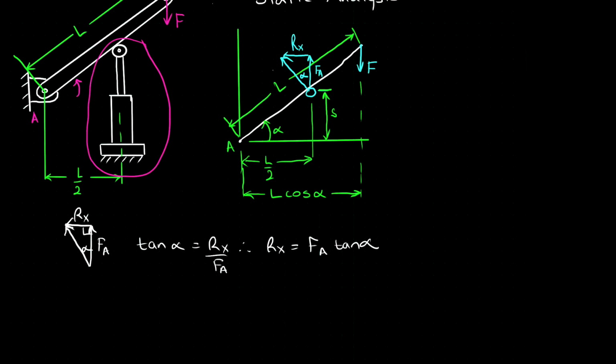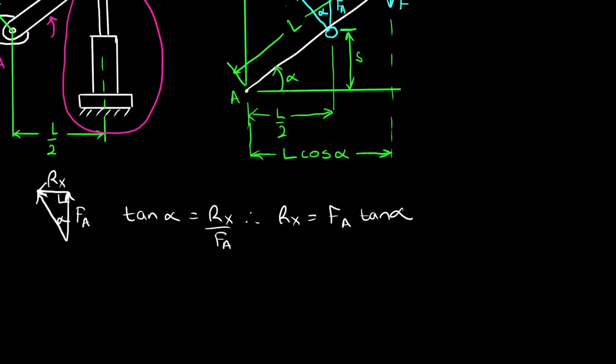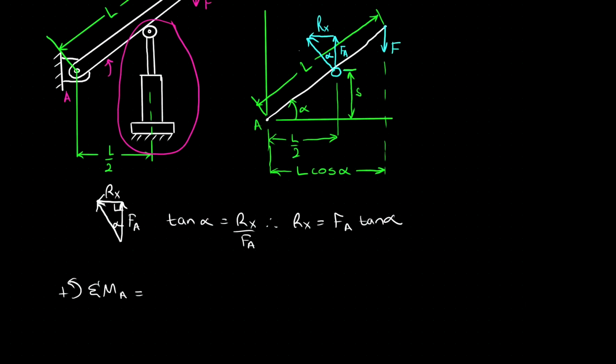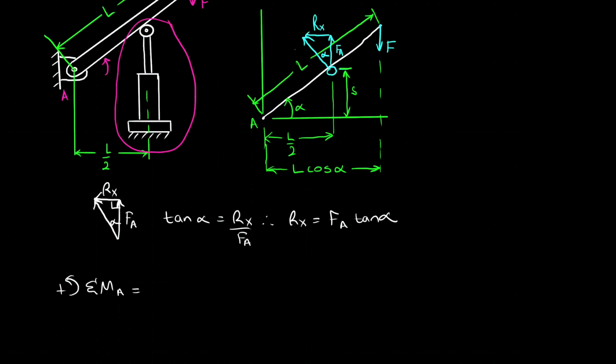Okay, now let's go ahead and work out what the sum of the moments about pivot point A is equal to. By convention, we'll take anti-clockwise as positive. The sum of the moments about pivot point A is equal to FA multiplied by the perpendicular distance to pivot point A, which is L on 2.